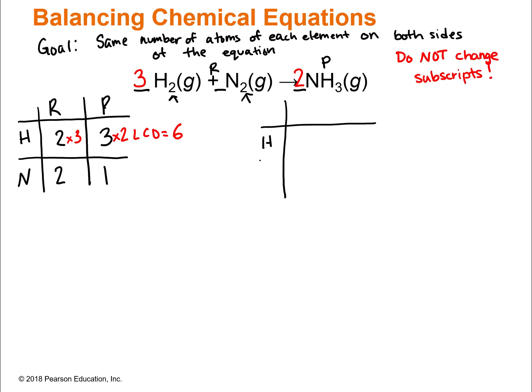Then I make a new chart. If you have taken chemistry before and you feel comfortable doing it without writing the charts, go for the gold. If sometimes you miss little details here and there, you should make the chart. Make a chart, figure out what you're changing, make the change, and then count how many atoms you have after doing those changes. Then you'll see what's balanced and what's not.